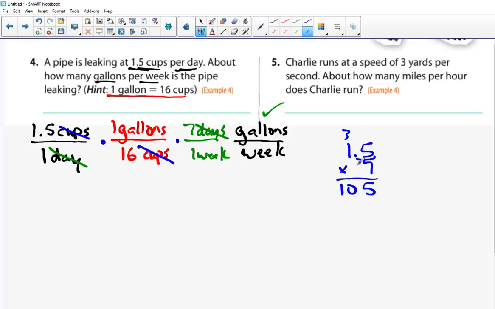We have one decimal place here, so we need 1 in our answer. So we have 10.5 gallons. And then on the bottom, we just have 1 times 16 times 1, so that's just 16. So 10.5 gallons in 16 weeks.